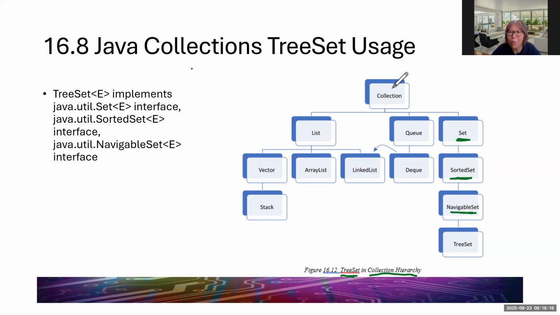And if you recall, Java collections also support the operations for adding items, searching items, and deleting items. So the TreeSet implements those interfaces. And we have an example in this chapter that demonstrates how we are going to use the TreeSet.